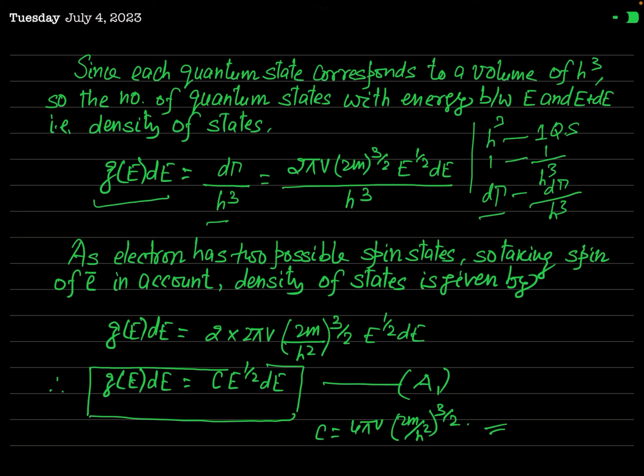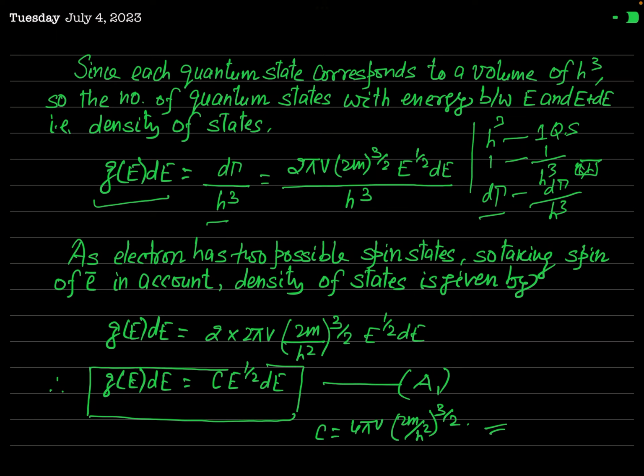So when you take the spin of the electron into account, the number of quantum states in this energy range will be just double of this, because there are two spin states. Corresponding to a given quantum state, there will be two spin states, and both spin states represent different quantum states.